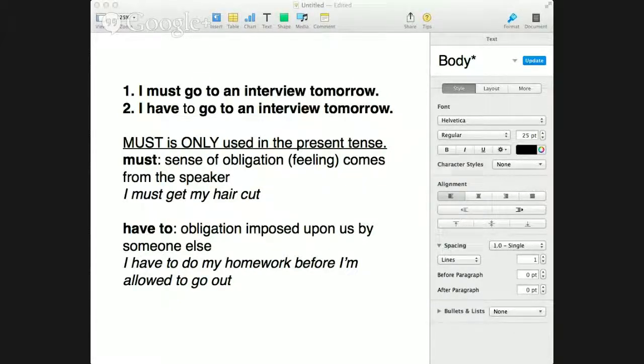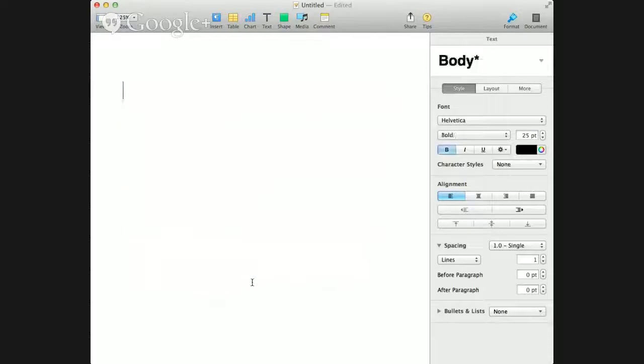So what I want you to do is to fill in the missing word with the correct form of either must or have to. So I'm going to write these out. While I'm writing, just have a read through and see if you can figure them out for when I ask you.